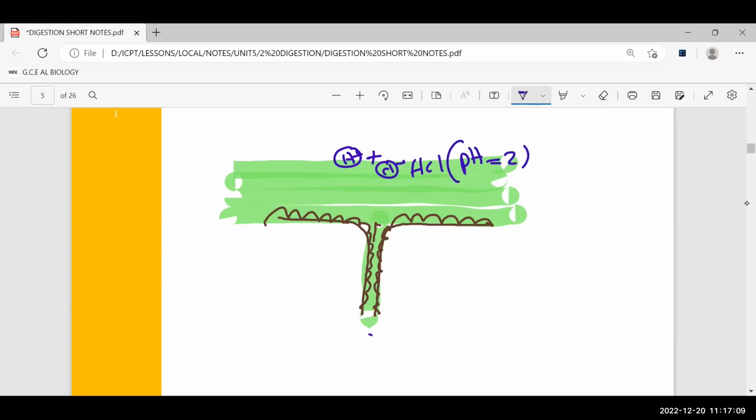It's highly acidic, pH 2, because hydrogen and chloride ions are moving from the parietal cells. Then the pepsinogen is also moving up.